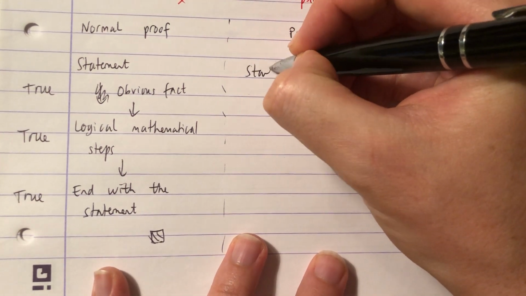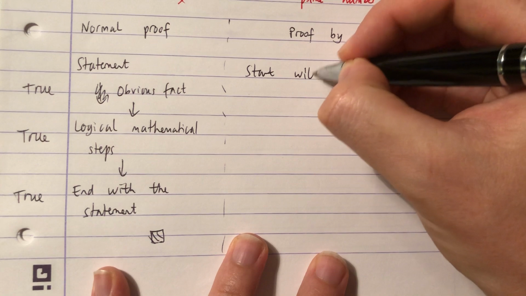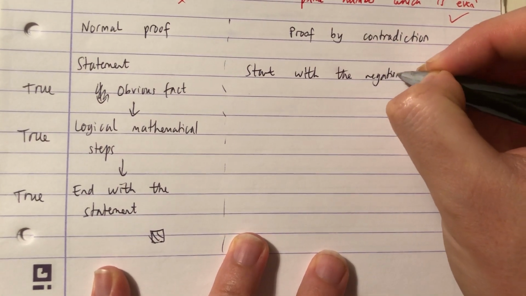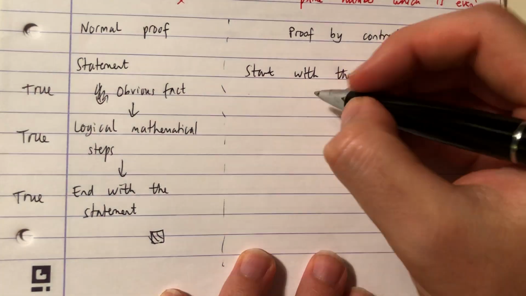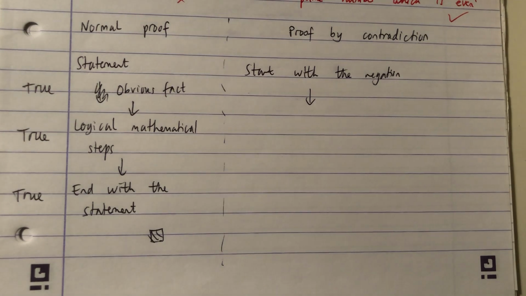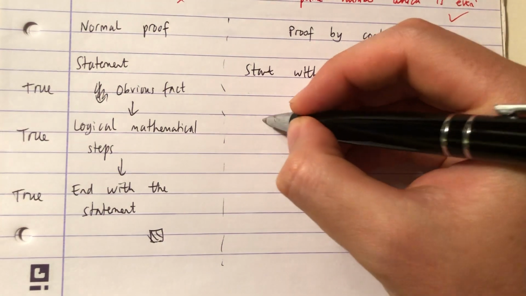So you start with the negation of the statement. And you follow logical mathematical steps.